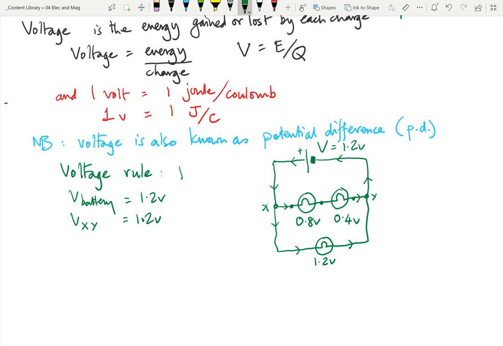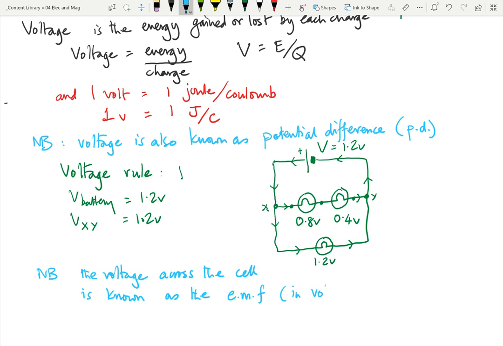We should just have another thing in blue at this juncture, that NB, the voltage across the cell is known as something very peculiar. It's known as the EMF. Now, EMF stands for electromotive force.